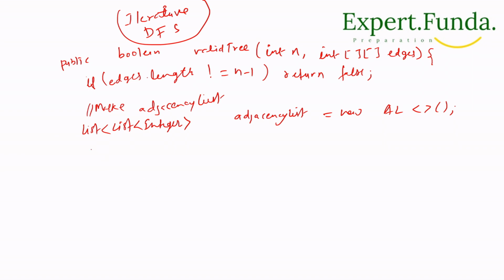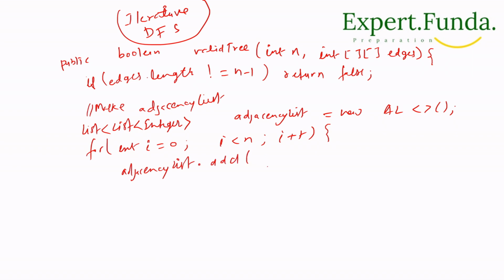Now we have to initialize it. So we start with int i equal to 0, then i less than n and i plus plus. Now we do adjacencyList.add, and we put a new ArrayList. Okay, these two things are done.